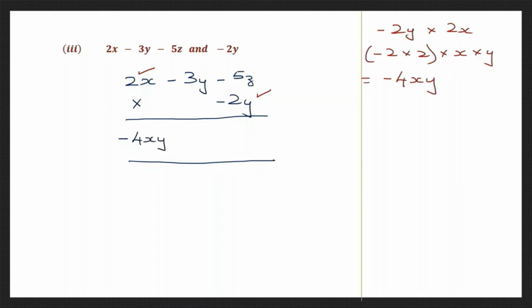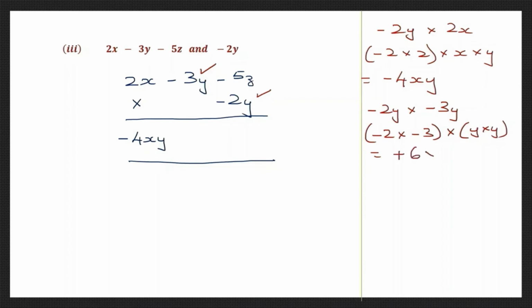Now we multiply minus 2y into minus 3y. So minus 2y into minus 3y. First the numbers minus 2 into minus 3 into y into y. So that becomes minus into minus is plus, 2 threes are 6 into y to the power of 1 plus 1, which is plus 6y squared.